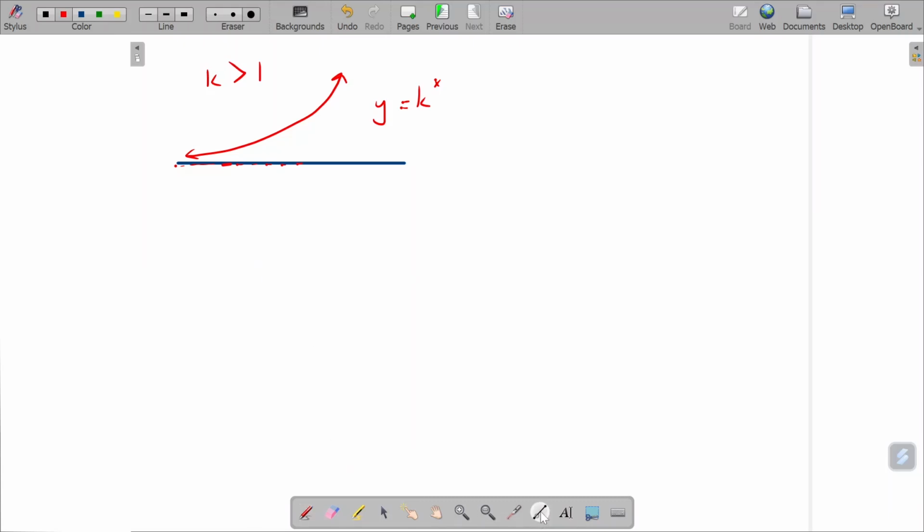In the same way, we would have a graph that many teachers refer to as an exponential function that is landing, and this is what happens when k is between 0 and 1.